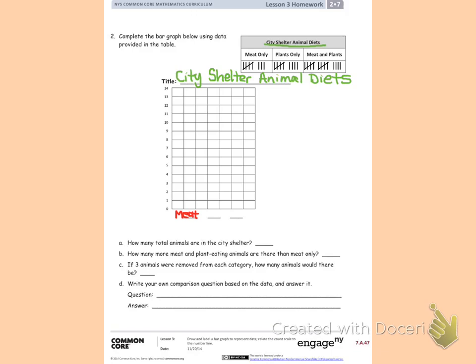At the top you see the tally chart. I will count the tallies now. Here's 5, and 3 more is 8. That means that I need to mark my line where the 8 is, outline, and then shade.